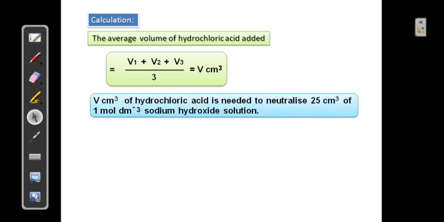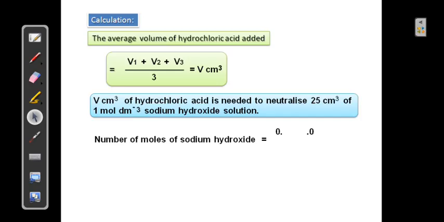So V cubic centimeter of hydrochloric acid is needed to neutralize 25 cubic centimeter of 0.1 mole per cubic decimeter of sodium hydroxide solution. So that is the conclusion. The conclusion is you need the volume V cubic centimeter of hydrochloric acid to neutralize 25 cubic centimeter of 0.1 mole per cubic decimeter of sodium hydroxide solution.